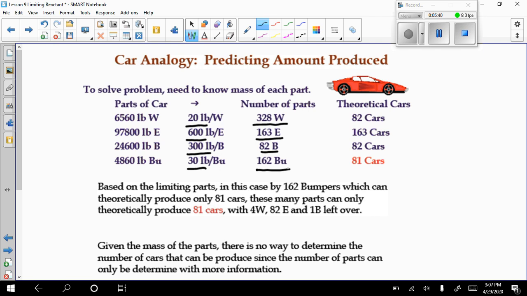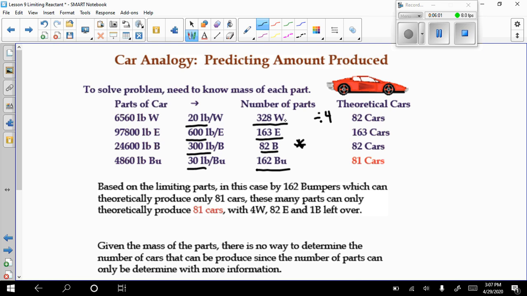And so you may say, well, what's limiting us here? And so again, the untrained person may say, well, I'm going to go with the lowest quantity of parts. And it's 82, so it must be the bodies that limit us. But we knew that you then had to divide by the number used.